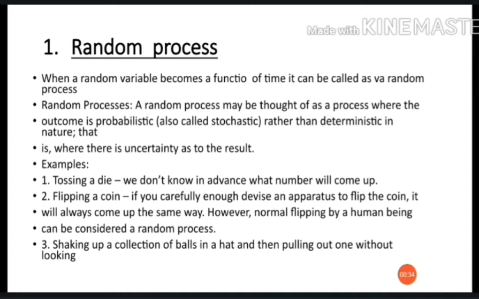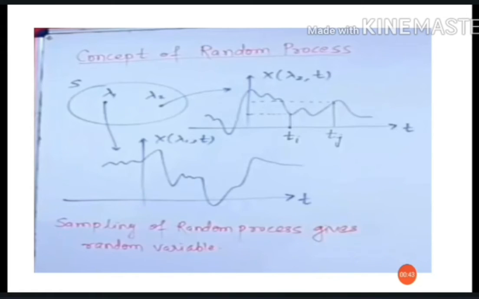The sampling of the random process will give random variables, which we can see from the graph in the figure. The sample space here is S, like we saw previously. Lambda 1, lambda 2 are the sample elements. We plot the function for the sample elements as shown in the figure.